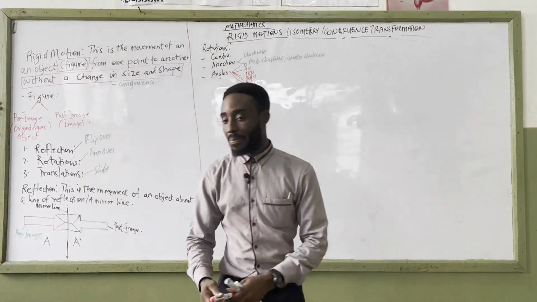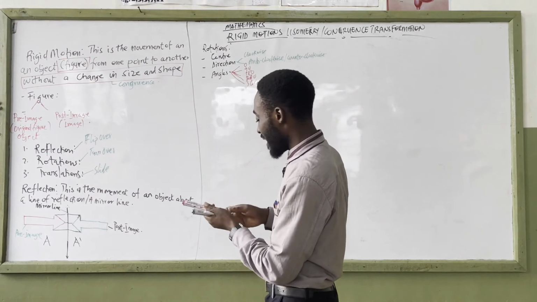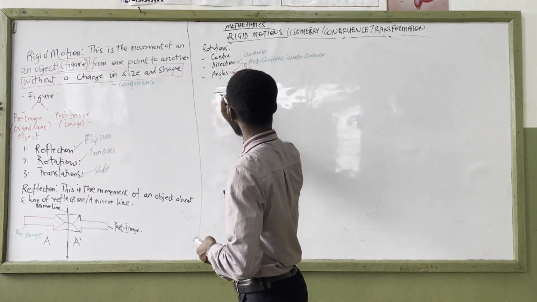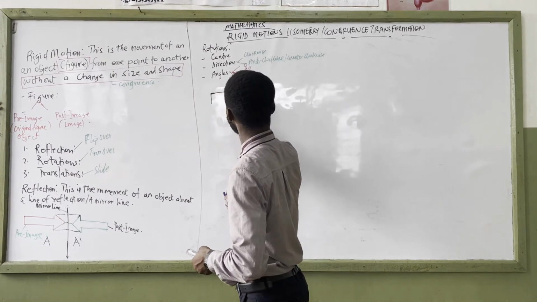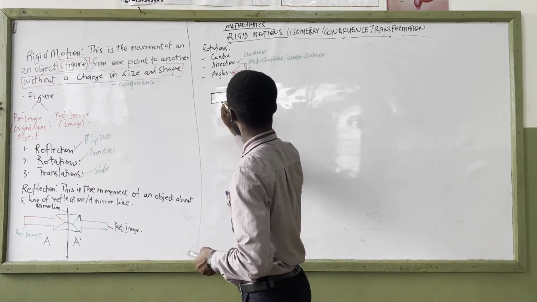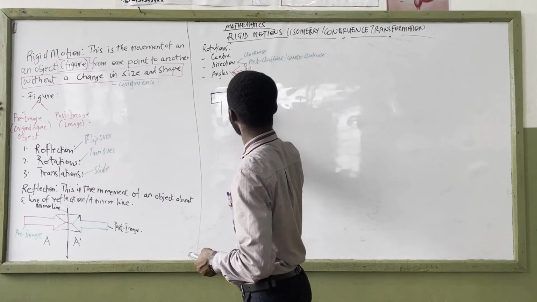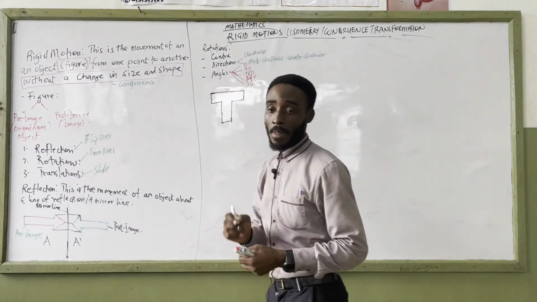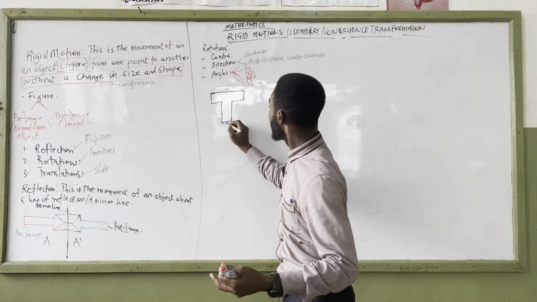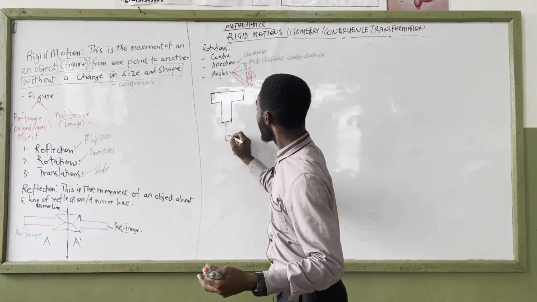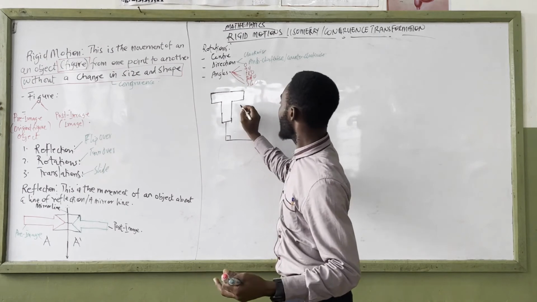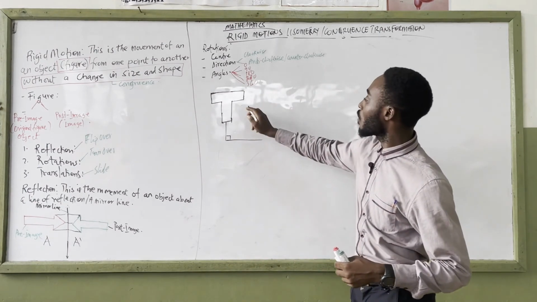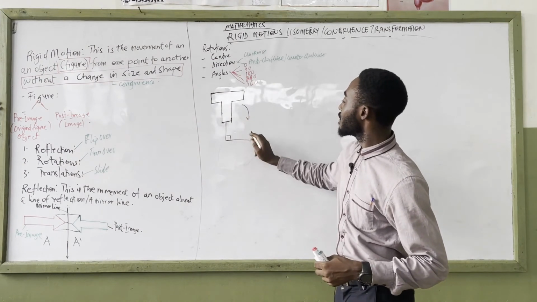So let's see something like this. If we are given this as an object at a certain given angle, maybe this. So I'm trying to move this in a clockwise direction.